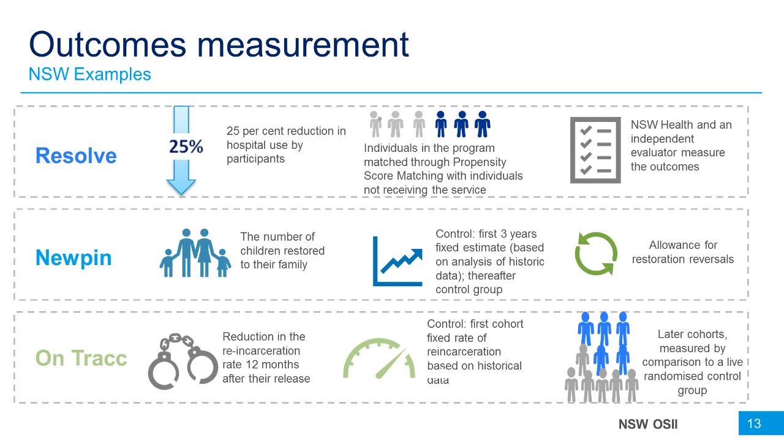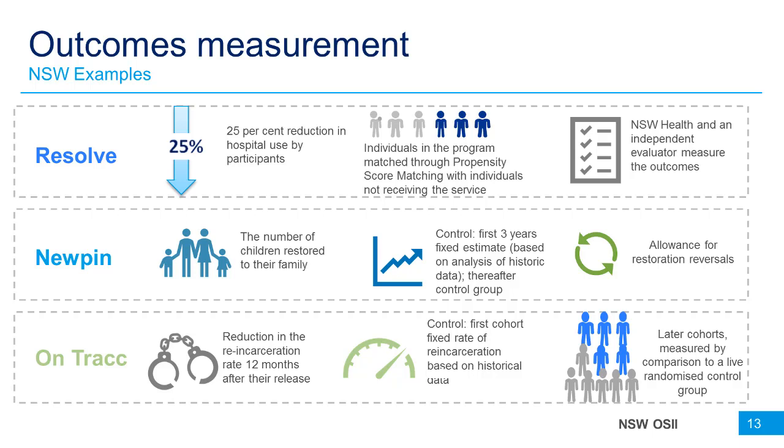Again, let's look at the outcomes measurement in the New South Wales examples. For our Resolve social benefit bond, the target is to reduce unnecessary hospital stays by 25% compared to a comparison group.